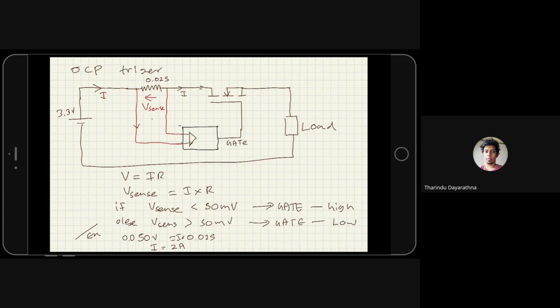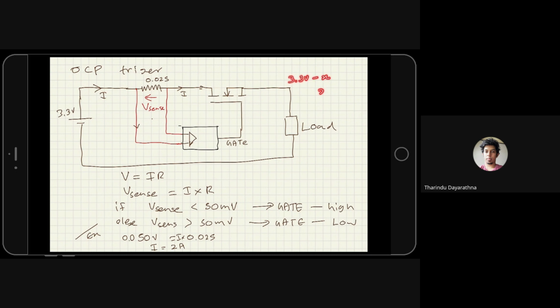But there's one drawback here. You can see there is a very small drop that happens. So if you have 3.3 volt here, you will have an output of 3.3 minus some value.